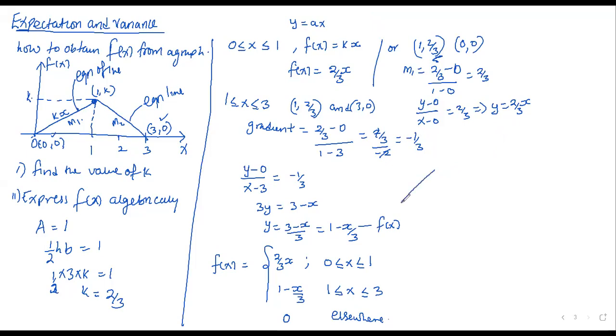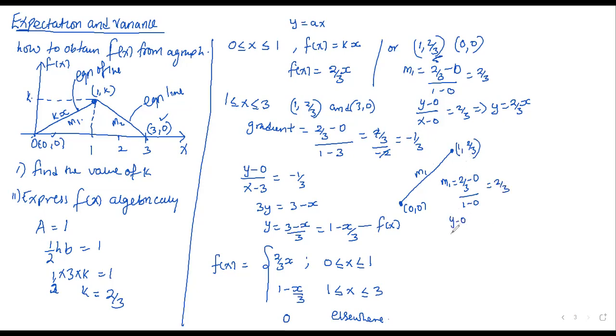You assume this line was like that, just a line, with a point here, 1, 2/3, then here it is 0, 0. Then I ask you to find the gradient M1. M1 would be 2/3 minus 0 over 1 minus 0, not so? Giving you 2/3.